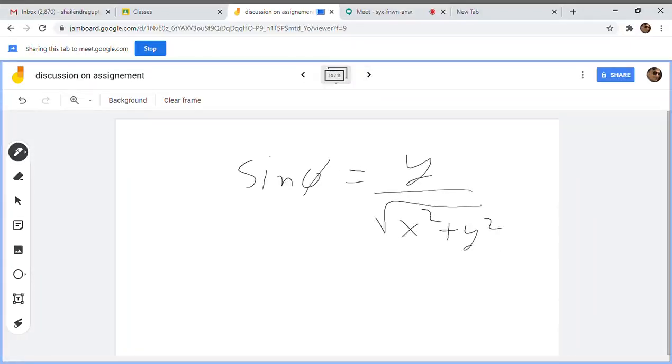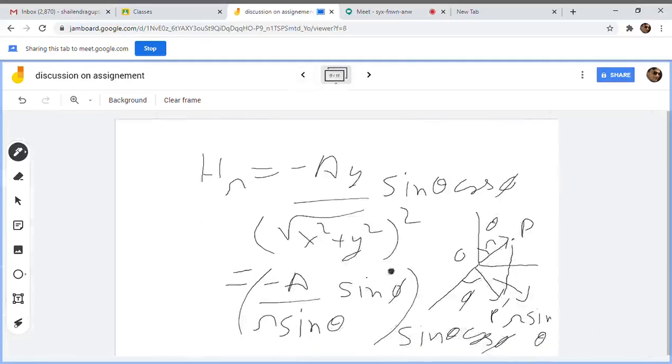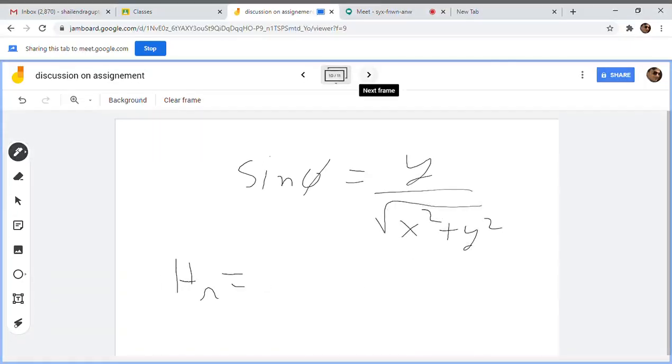so your HR will become this. This sine theta will be cancelled out with this sine theta. So what will be remaining? Remaining will be minus a by r sine phi cos phi.